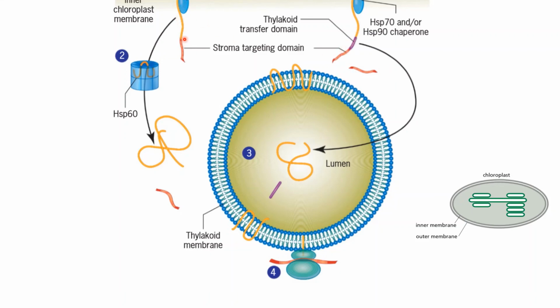This protein on the left is destined to be in the stroma. So once it reaches the stroma, it is folded into its final native shape. But this protein on the right is destined to be in the lumen of the thylakoid. So it needs to enter first the thylakoid, again here, and it's in the lumen where its final shape is shaped using chaperone proteins.